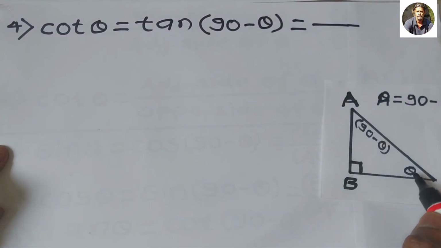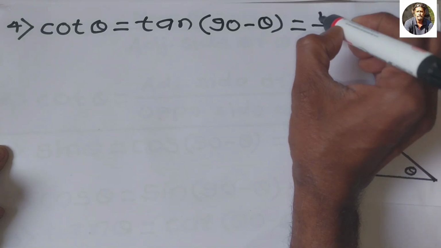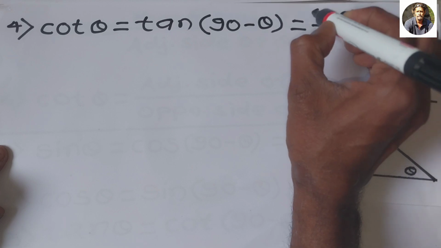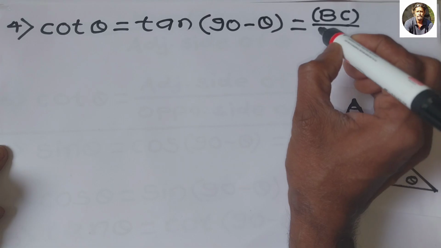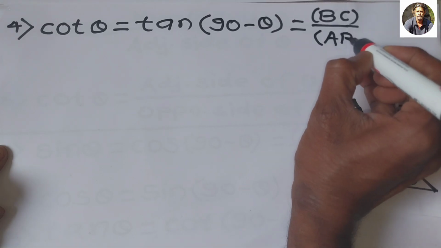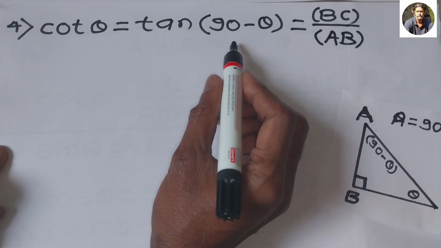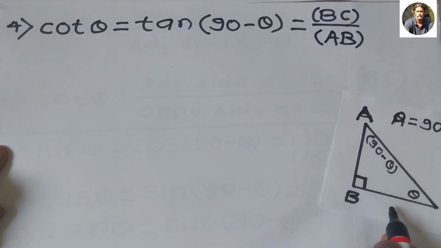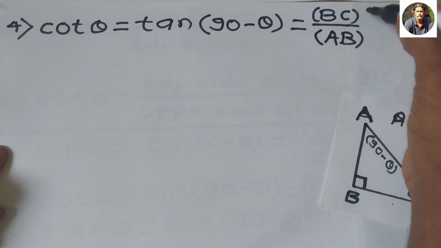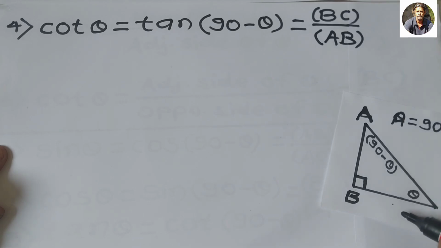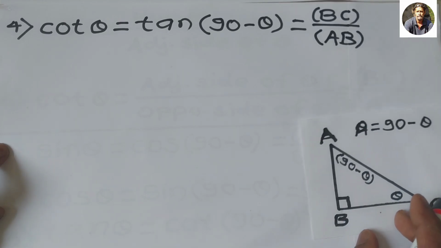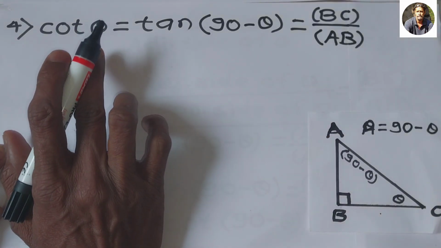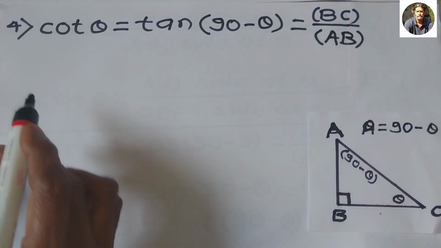Cot theta means adjacent side of theta, that is BC, upon opposite side of angle theta, that is AB. When we take tan of 90 minus theta, it means opposite side, that is BC, upon adjacent side, that is AB. So we get the same value for cot theta as well as tan of 90 minus theta.